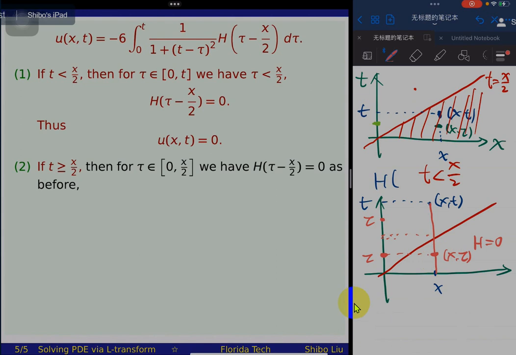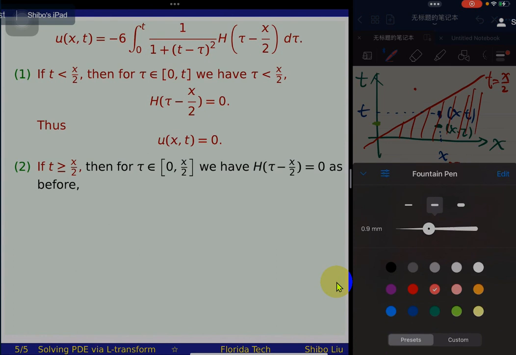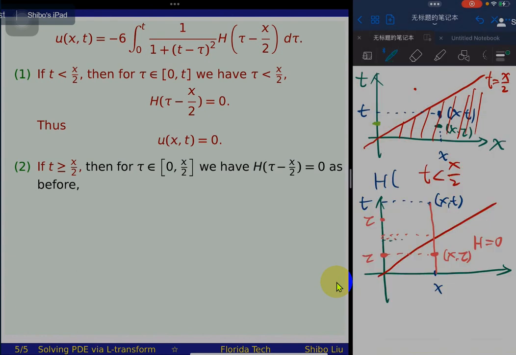That is for tau between 0 and half of x. Here is half of x. If your tau is less than half of x, then tau minus half of x is negative.